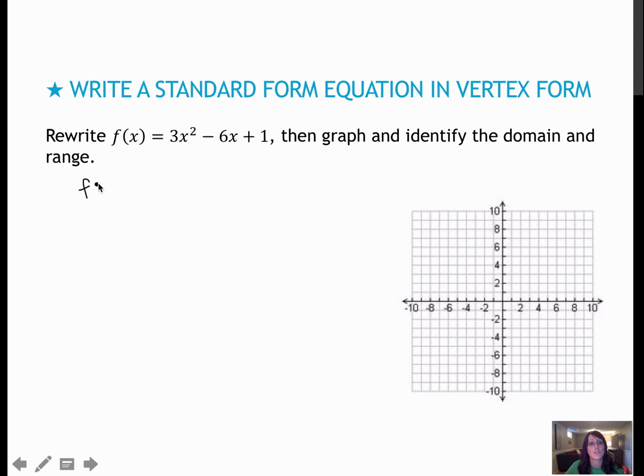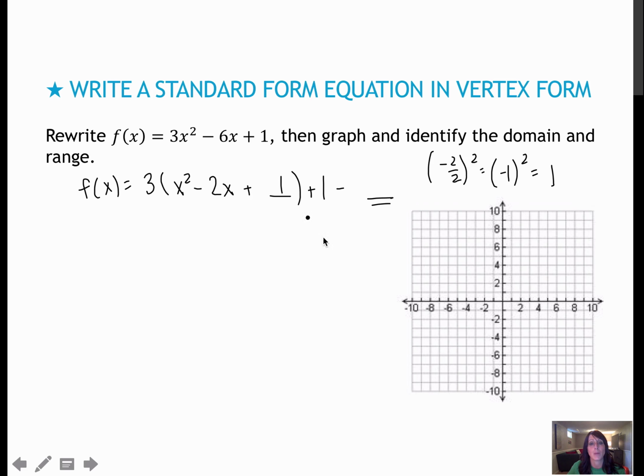To start off, I would take the 3 out of the first two terms, so x squared minus 2x plus blank, leave the plus 1, and leave the minus blank. Whatever's in the blank would be negative 2 over 2 squared, which is negative 1 squared, which is 1. So I'm adding 1 here.